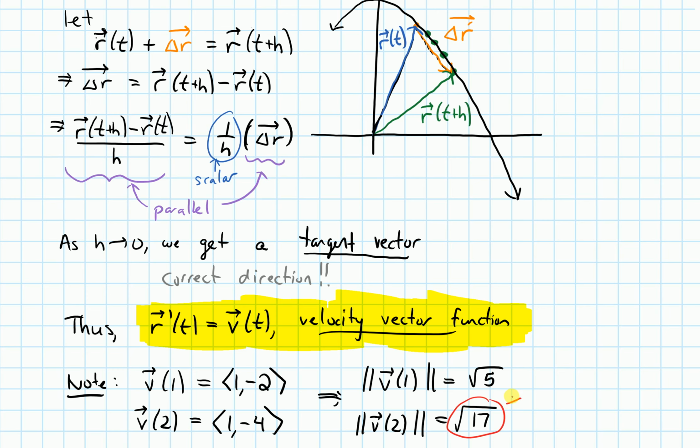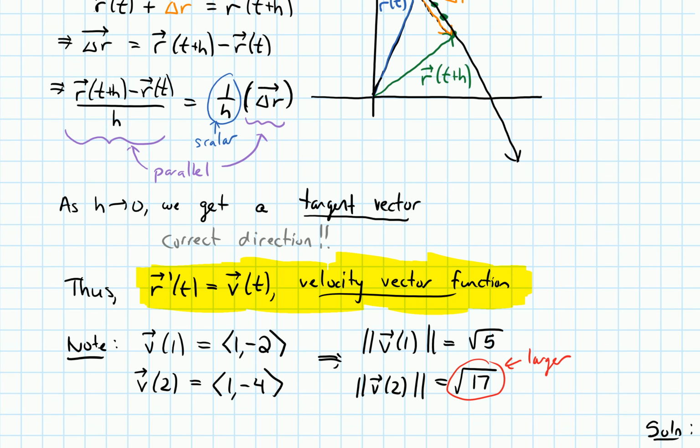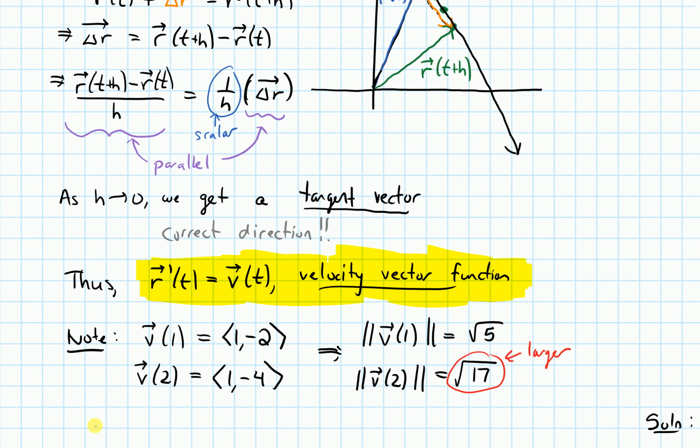So this one is larger, which means the object is moving faster at t equals 2 than at t equals 1. So we can use the velocity vector to determine things like the speed by taking the magnitude of the velocity vector.